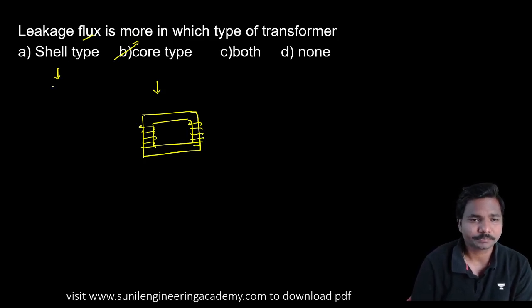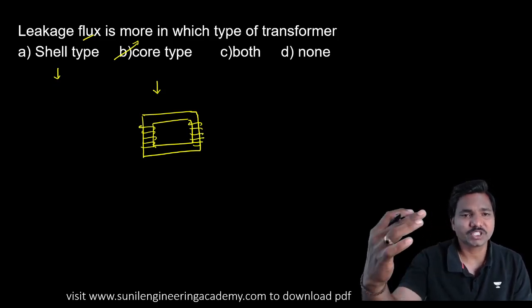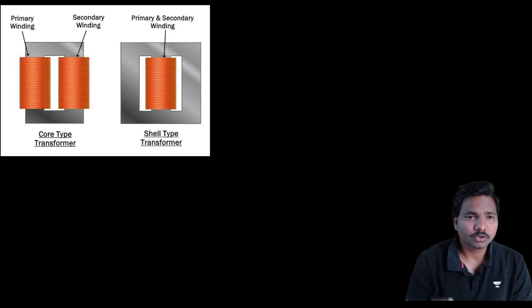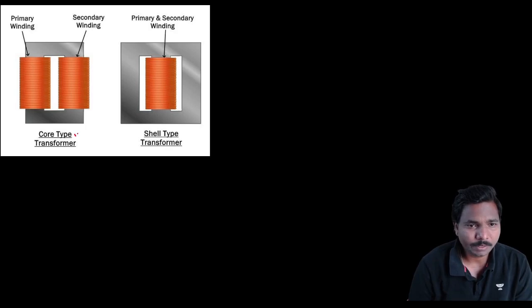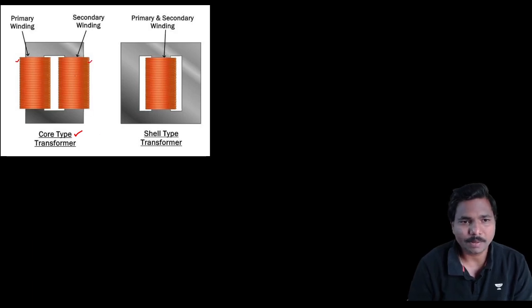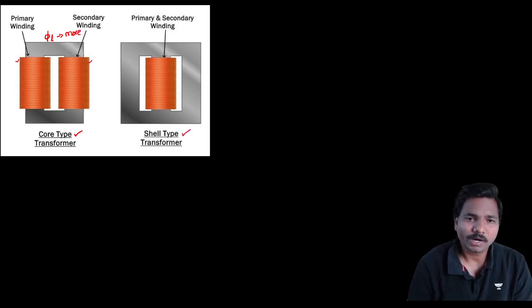Coming to the shell type, one winding is placed upon another, that is LV, HV, HV, LV, like that. In this diagram you can understand very well. In the core type transformer, this is one winding and this is the other winding, so there is a gap between these two and leakage flux is more. But in the shell type transformer, one winding is upon the other, so there is very little air gap.